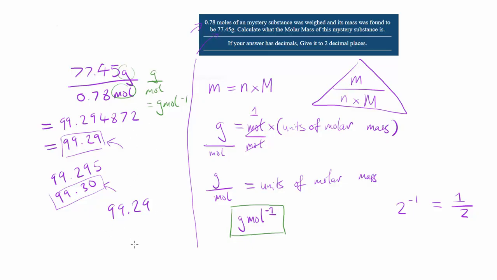So here we need to add our units, so that's going to be equal to 99.29 grams per mole. So do we now have our answer? Well, we have the molar mass. Effectively, this is the correct units, and as it says, give it to 2 decimal places. We've done that. So yes, this would be our answer at this stage. Okay.